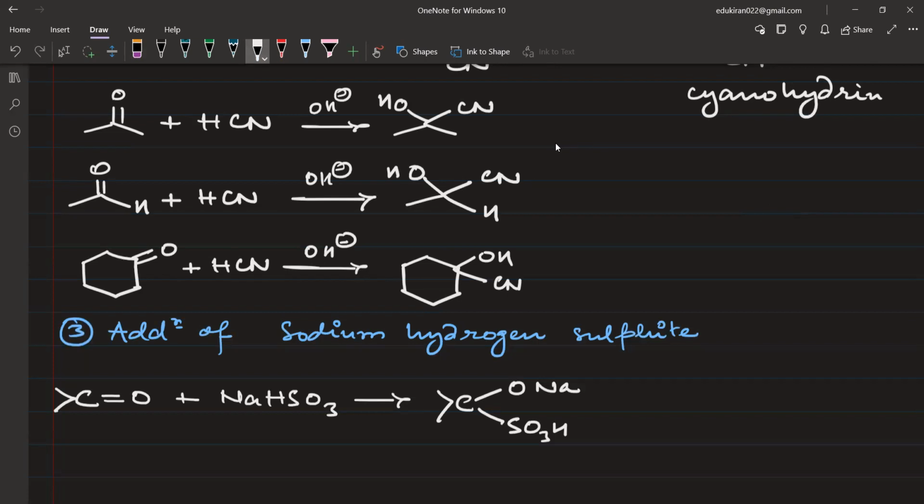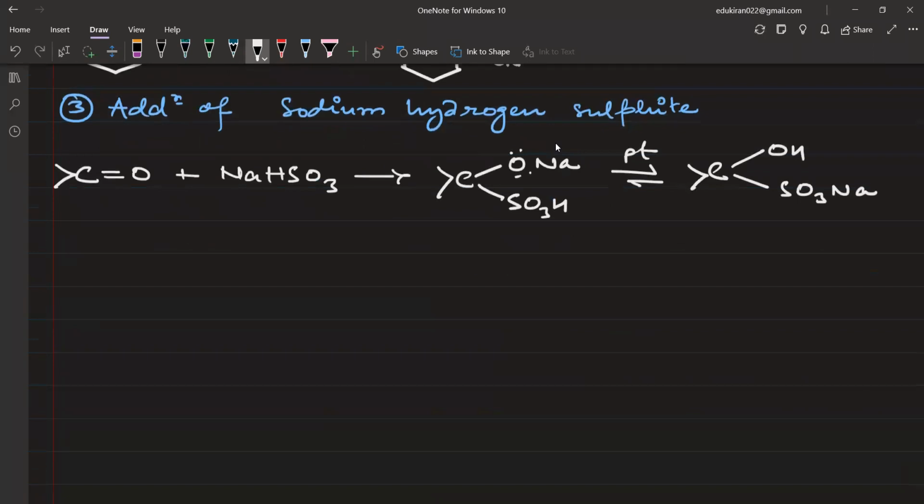So here you can see O negative and SO3H. Then there is a proton transfer. Oxygen will attack on the hydrogen atom, and you will get, since this is kind of reversible proton transfer, carbon atom with OH, and here you are getting SO3Na. So if you have CH3CHO plus NaHSO3, then in this case, you will have CH3 and the CH carbon atom.